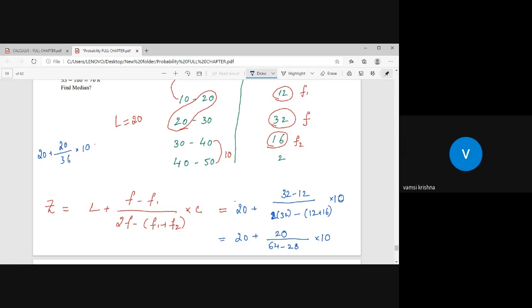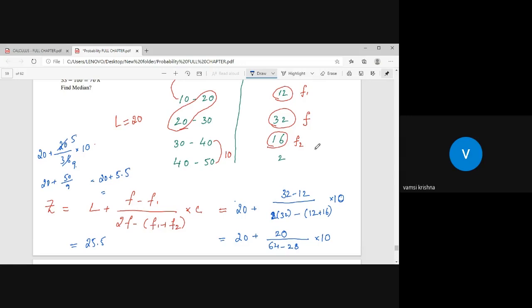So if I take 4 fives are 20, 20 plus 50 by 9. So 50 by 9 means 20 plus, 9 sixes are 54, 9 fives are 45, again 50, 9 fives are 45, 5.5 something. So I got the answer as 25.5.